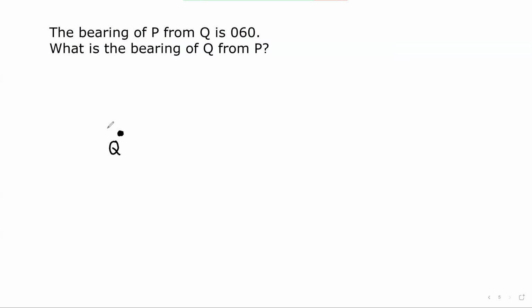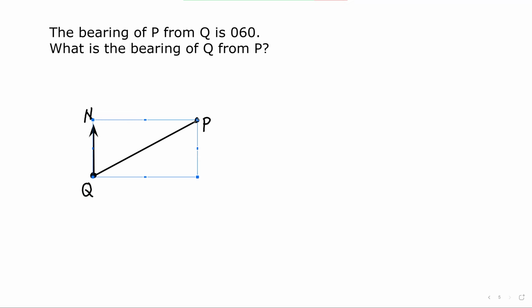So from Q means my north line goes at Q. And then if the bearing of P from Q is 60, that means my point P has to be like here, because the angle formed between the north line at Q and the line QP would have to be 60 degrees. So it has to be up here. So this here is 60 degrees.